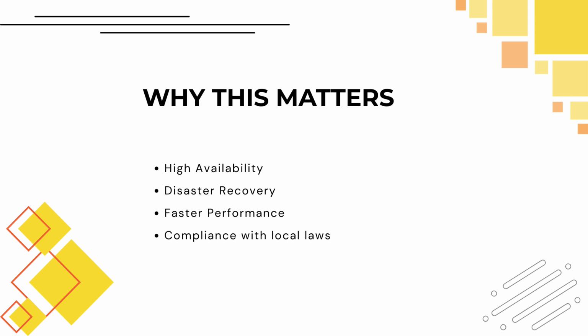It gives faster performance with edge locations, caching content near your users. And finally, it helps with compliance because sometimes businesses must store data in a specific country or region. So, this is not just theory, these concepts directly affect how you design real world systems.